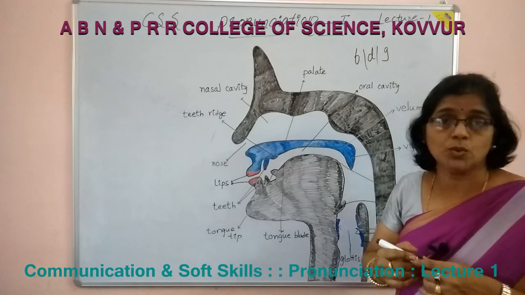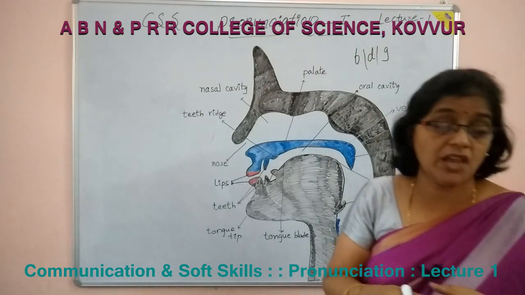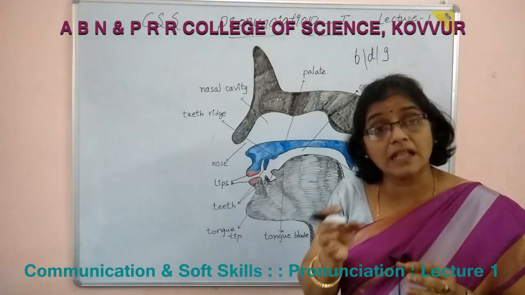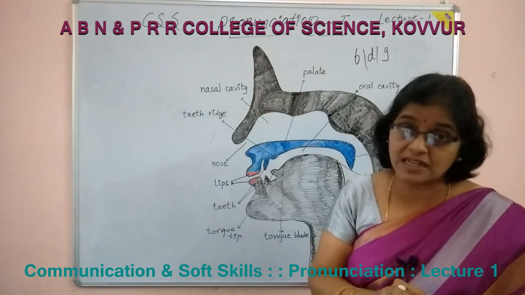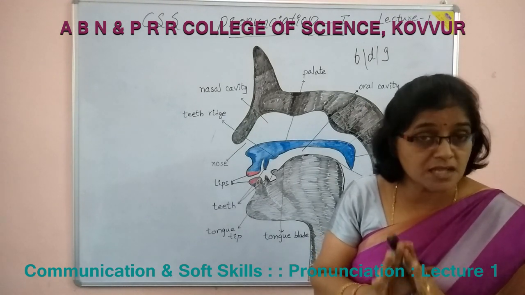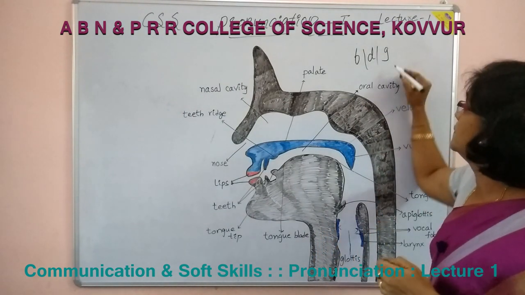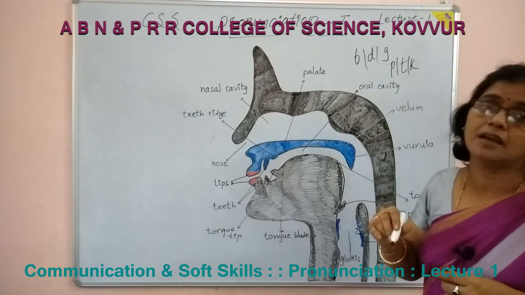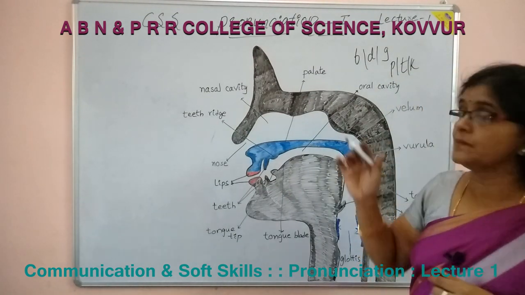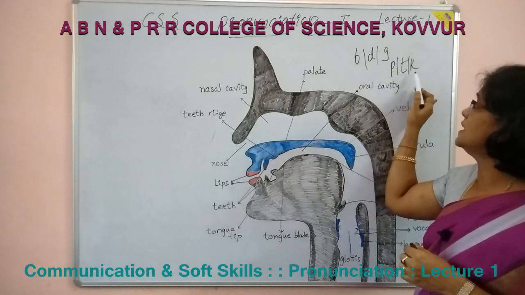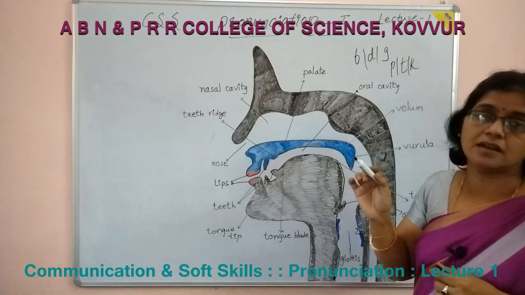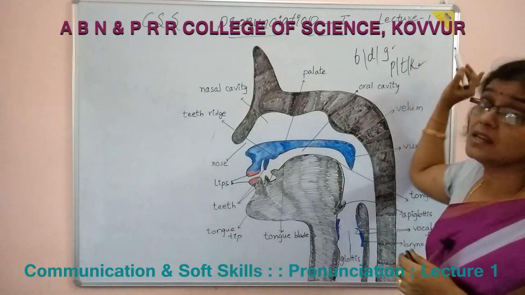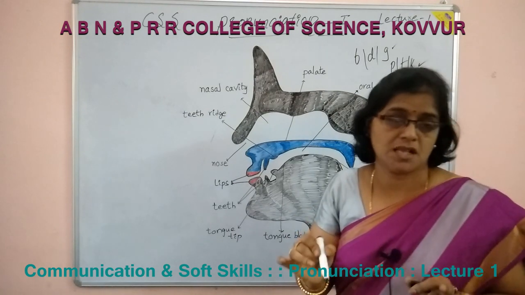And coming to voiceless sounds, if vocal cords are apart from each other, the sounds uttered are called voiceless sounds. For example, pa, ta, ka, means phonetics P, T, K, pa, ta, ka. So, these are voiced sounds and these are voiceless sounds.